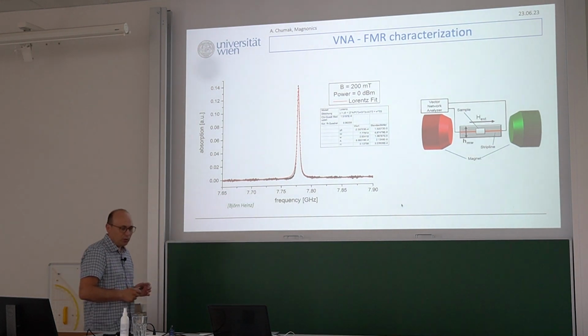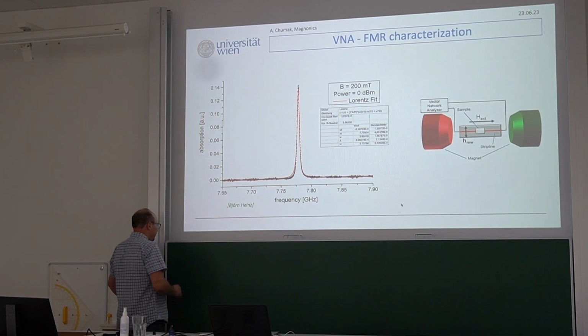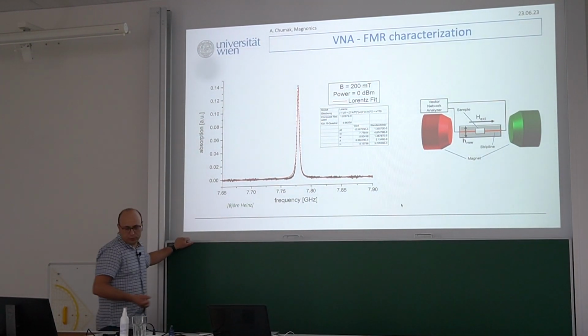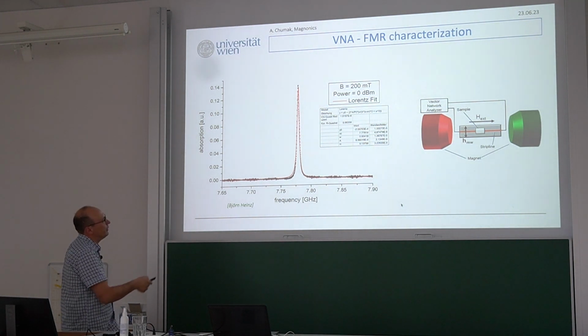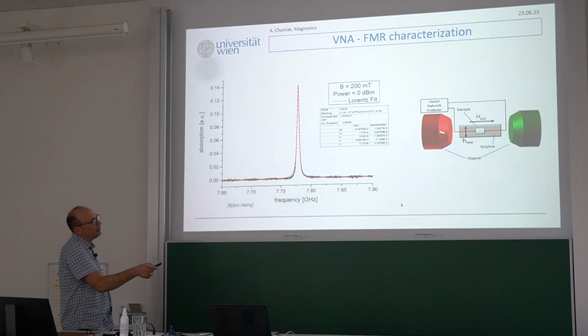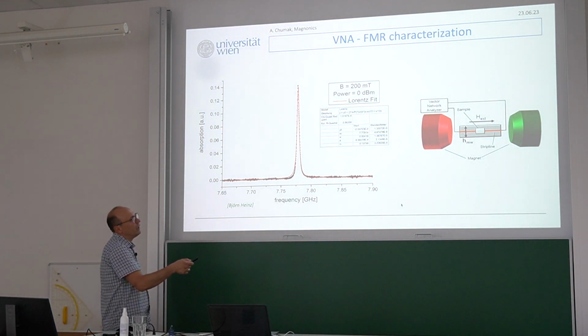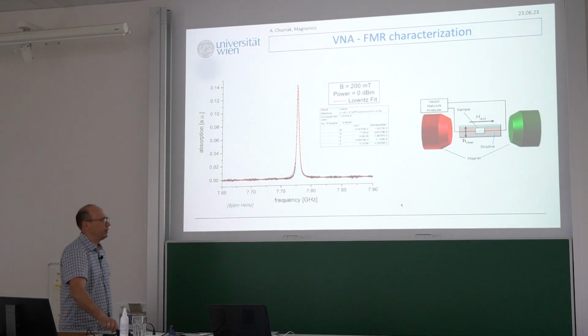Okay, so what do we actually measure? How I usually explain FMR, the idea is very simple. Here is shown absorption as a function of frequency. So you have the VNA, you set some fixed frequency, that your FMR frequency is around here, 7.7 something gigahertz, and the field is fixed, and you have such a microstrip.